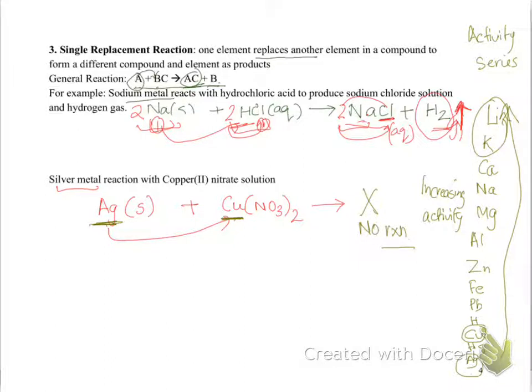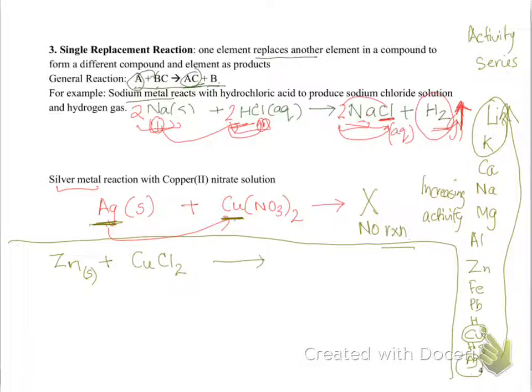Let's take another example. Zinc, solid zinc metal, reacting with copper 2 chloride. So first thing, is this reaction going to take place? Then we go back and look at the activity series.